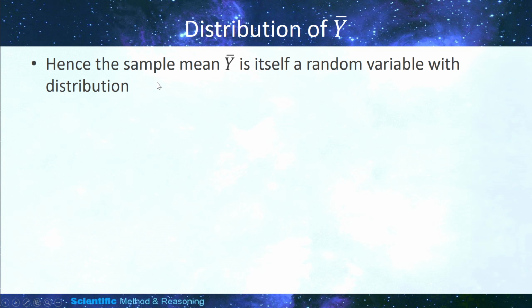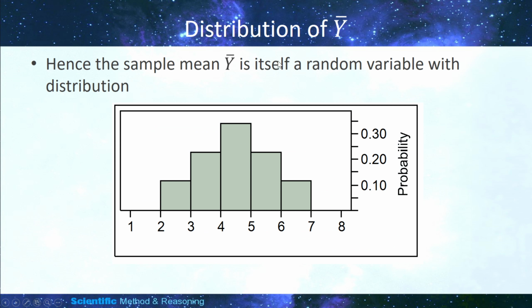And hence the sample mean y bar is itself a random variable with this probability distribution. So when we talk about the sample mean being a random variable, that means before we actually draw the observations, statistically we have to make a full plan on the method of analysis before we draw the data.